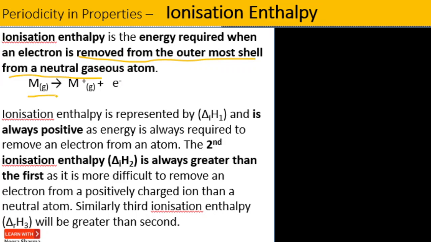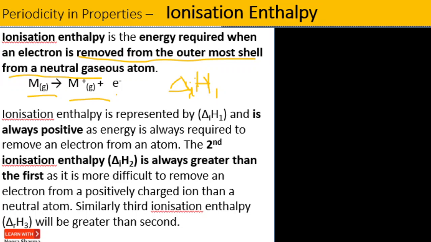If from M in the gaseous state we remove an electron, then we get M plus and an electron. The energy required for this reaction is called ionization enthalpy, delta H. We are removing the first electron, so delta H1, delta i H1.